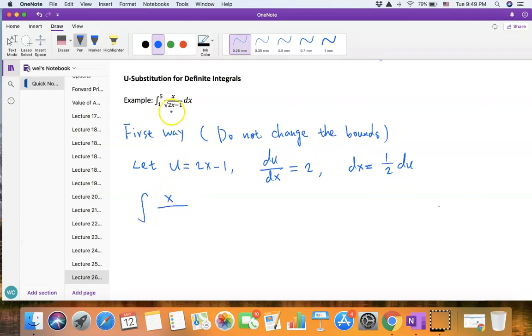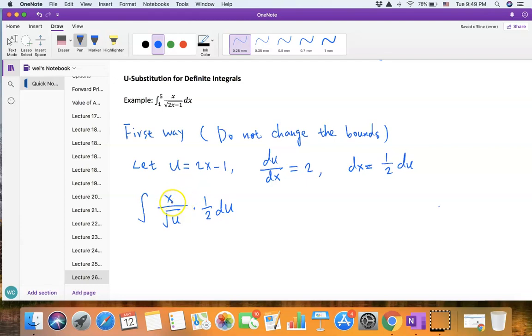So our original indefinite integral we can write as x over the square root of u times 1 over 2 du. Now we still have an x we need to get rid of.